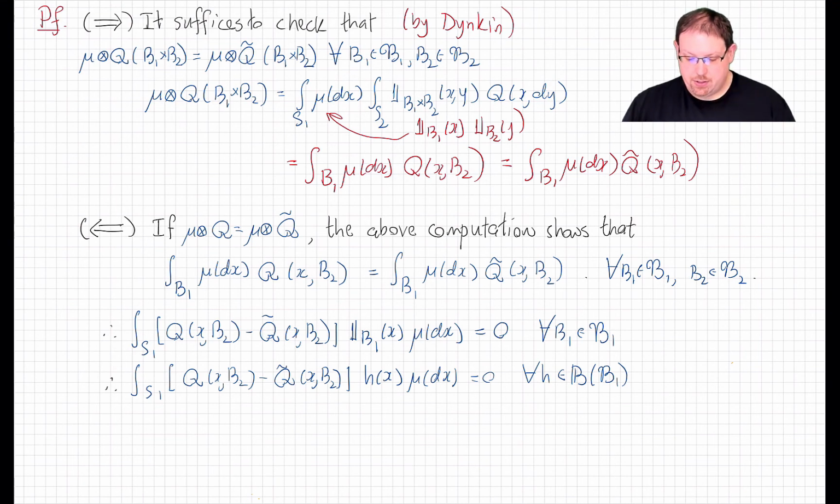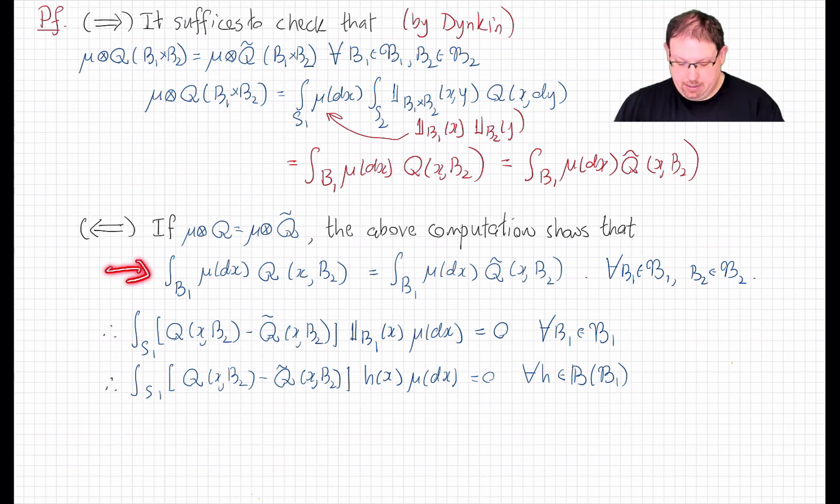Now for the converse direction, suppose that we know that the product measures are the same. Well, again, by the exact calculations that we did up here, what that shows is that applying these two equal measures to a product set b1 times b2, we get equality of these two integrals.